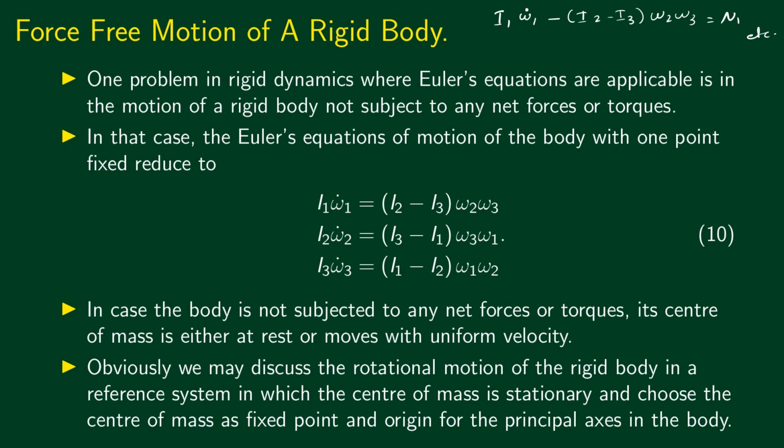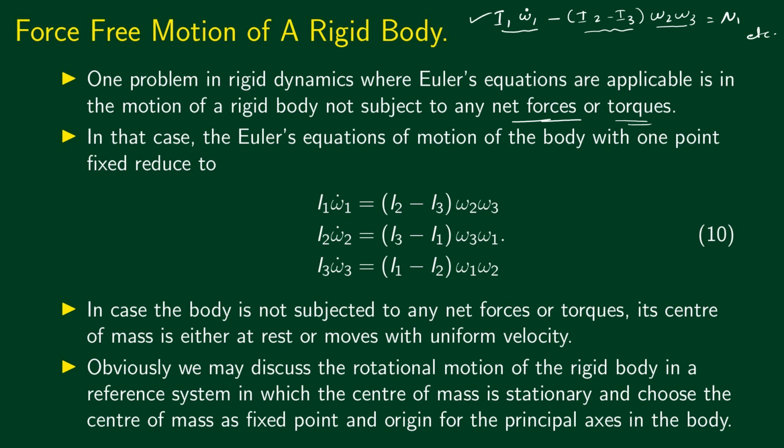Let's now move on to a brief discussion of force-free motion of a rigid body. We are going to apply Euler's equations to describe the motion of a rigid body which is not subject to any net forces or torques. Euler's equations were three equations of this form. The first equation was I1 omega 1 dot minus (I2 minus I3) omega 2 omega 3 equal to N1.